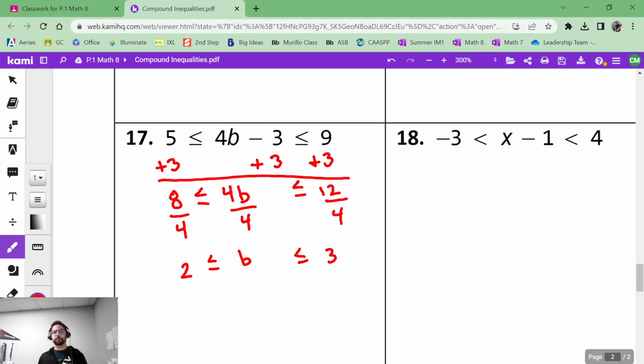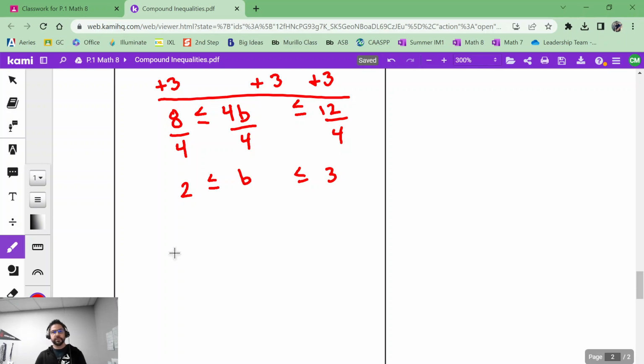If you notice, they are both equal to, which means when we make our number line graph, again, most students on these compound will just put smaller number, larger number. Both are closed. And again, both are closed.